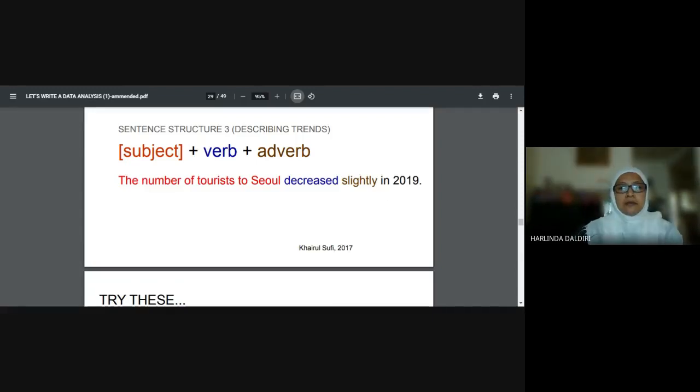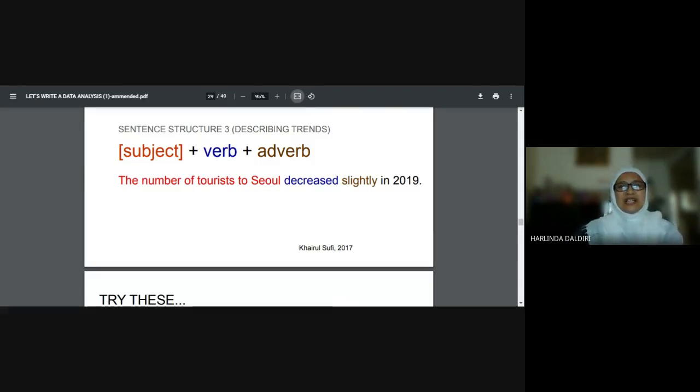Some of you might say that it's not really important whether you know tenses or not, because this is task 1, not task 2. If you have that kind of idea, you are wrong.